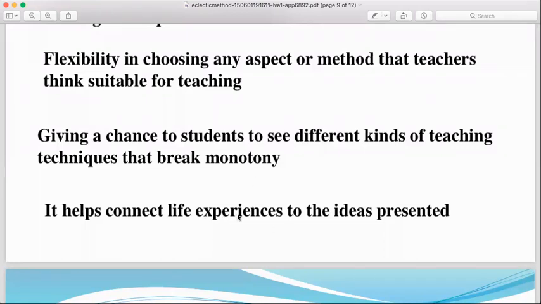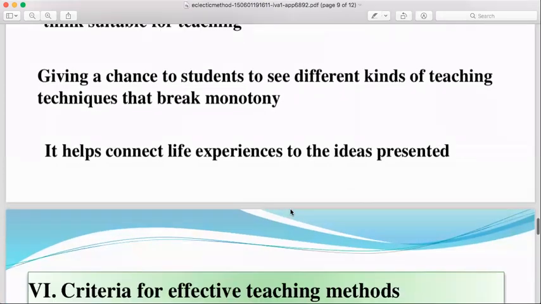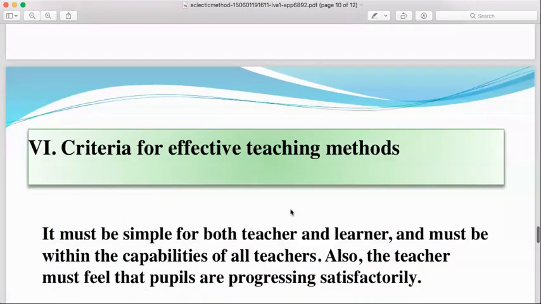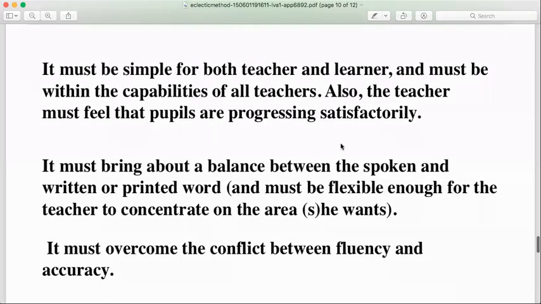I told you that being a modern method, it connects to real life experiences. There are some criteria, or parameters, to take care of: it should remain simple for both the teachers and the learners. Of course, the input should be comprehensible, like i+1.